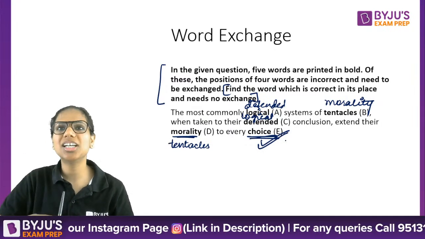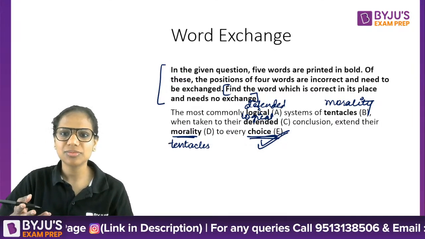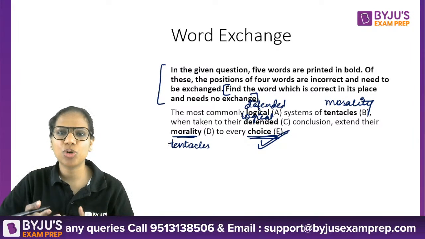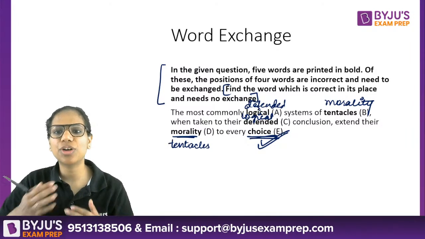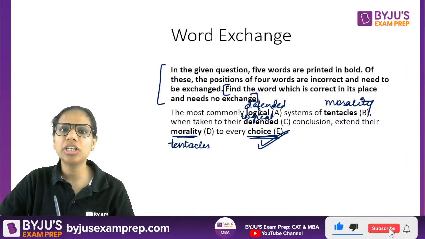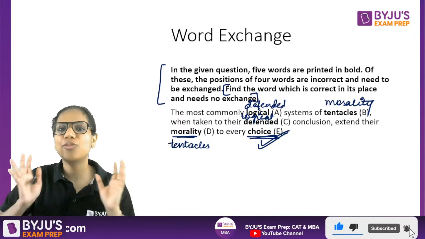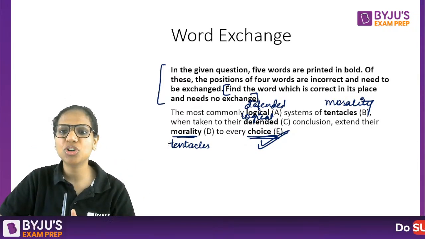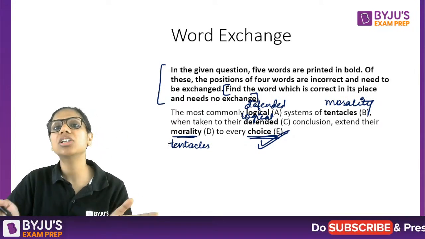So this was an article that talked about what is morality. When we talk about various systems of morality, if let's say we start defining them, then we'll have to be moral in every choice out there, every choice that we make. Something that's very difficult for human beings to do, because in some cases there is no clear moral choice.